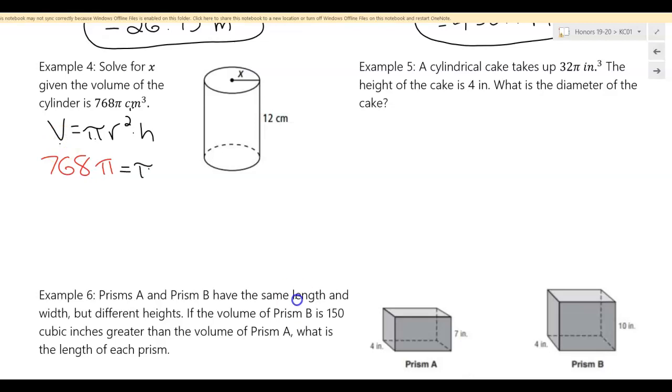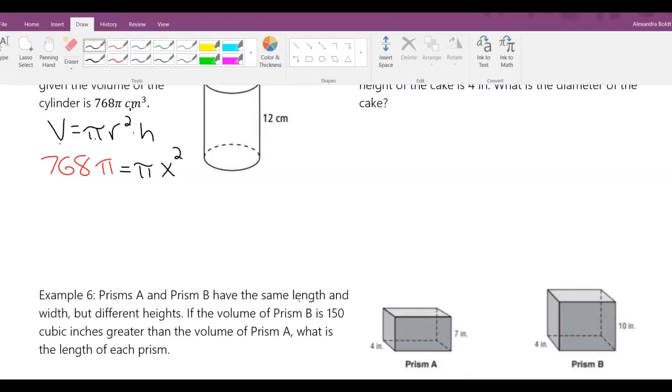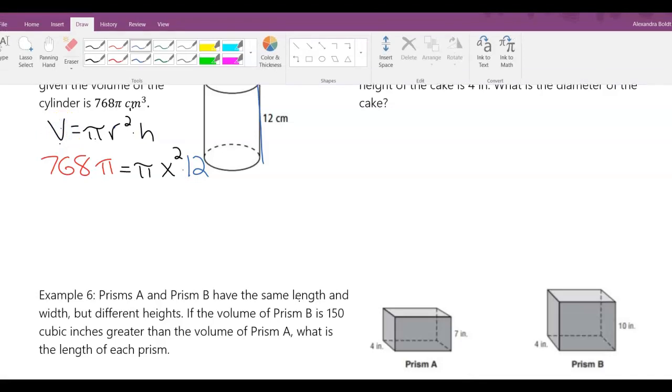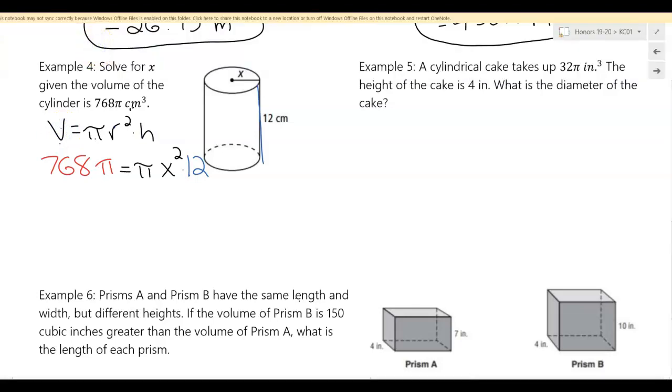Now we have our pi. Our r is our x. And h, right, is this 12. So now instead of plugging in for this and this, I'm plugging in for this and this. Now I'm solving for x. So I'm going to divide by both pi and 12 to cancel both of those out at the same time. And look at that, the pi's cancel here and the pi's cancel here.